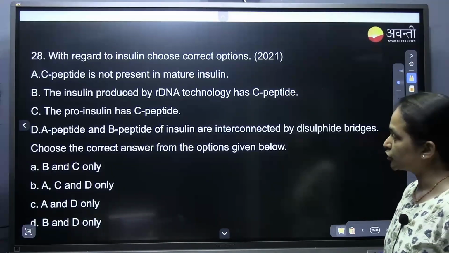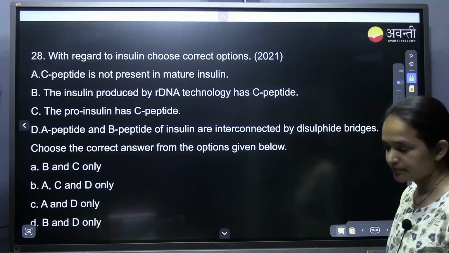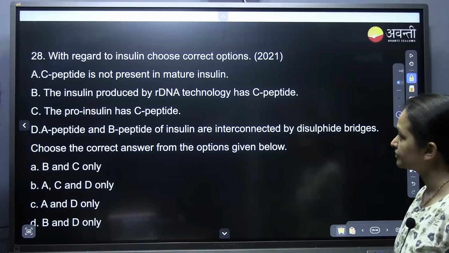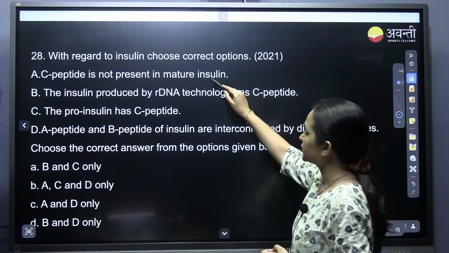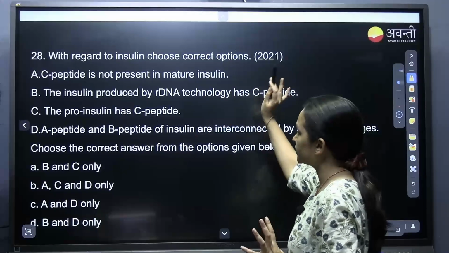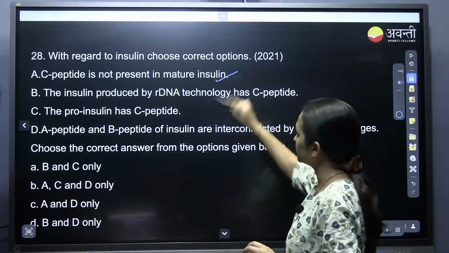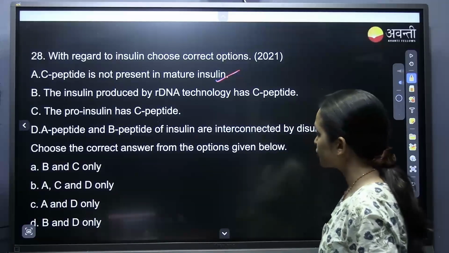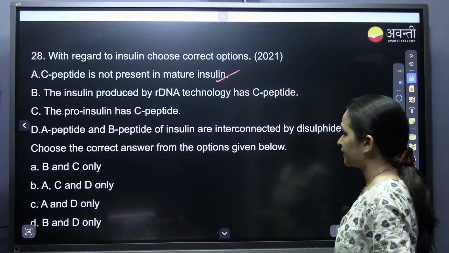With regard to insulin, choose the correct option. C peptide is not present in the mature insulin. Correct. The insulin produced by rDNA technology has C peptide?